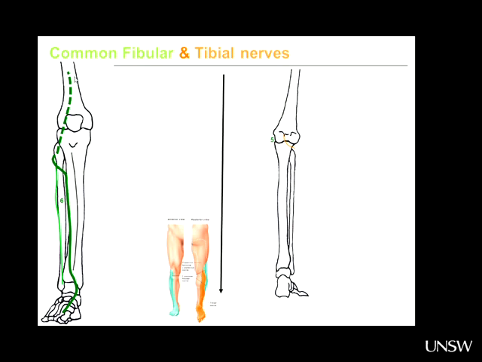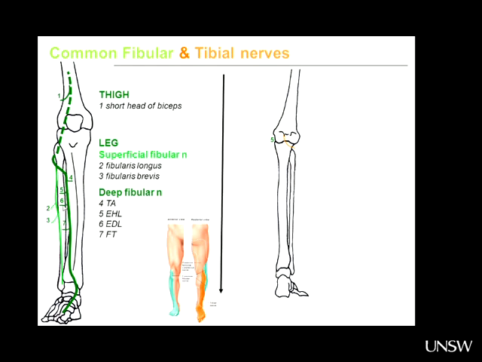So the common fibular nerve comes off posteriorly, but as it comes off, it winds around the fibula to come and lie anterolaterally. And so here it divides into its two branches. The dark green branch, which is the deep fibular nerve, and the light green branch, which is the superficial fibular nerve. The common fibular winds around the fibula and then divides into its two branches.